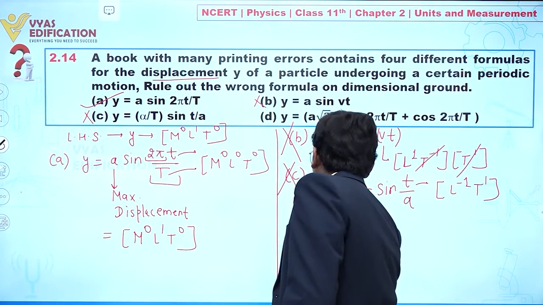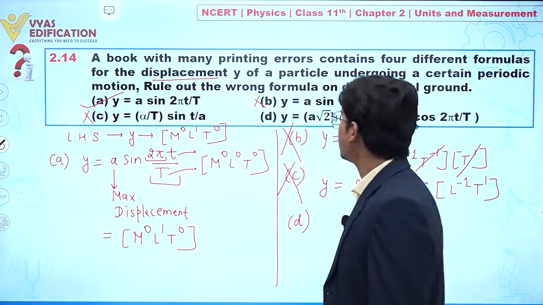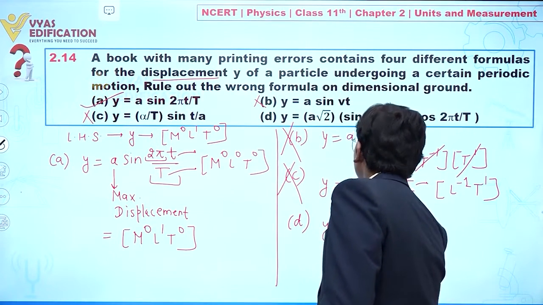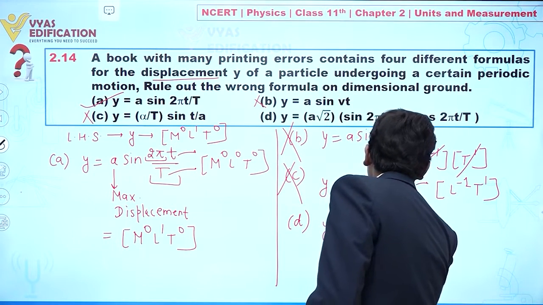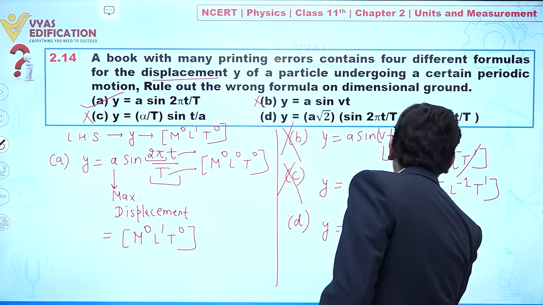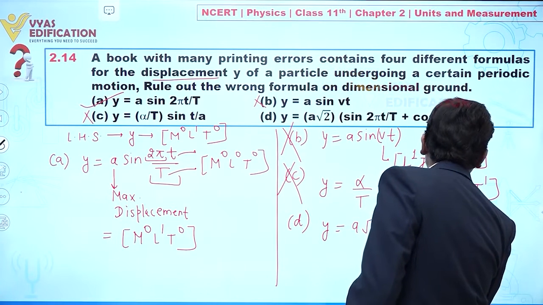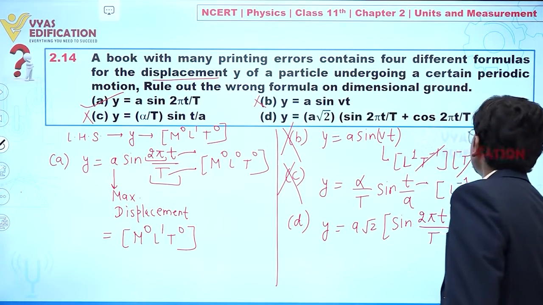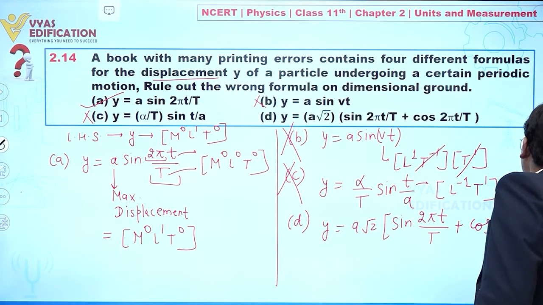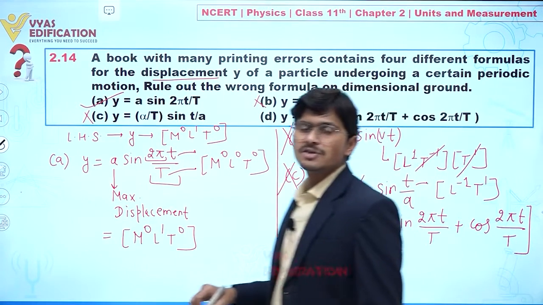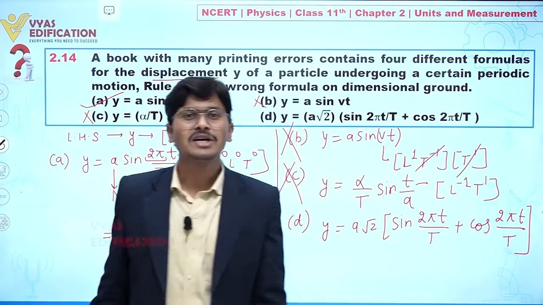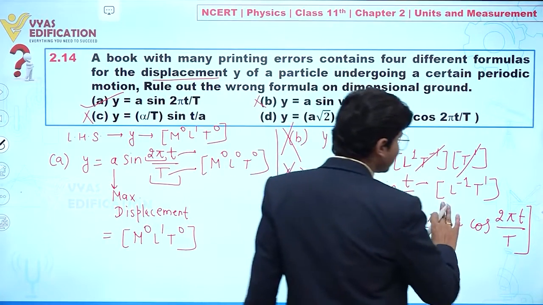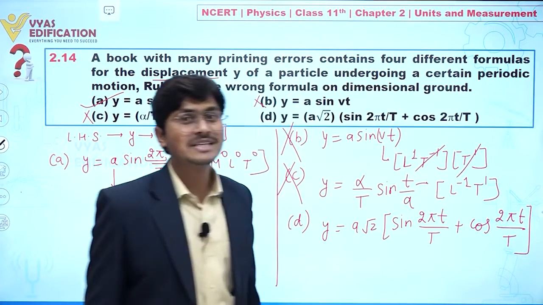Now for part number D, it is given y equals a root 2, sine of 2 pi t divided by T plus cos of 2 pi t divided by capital T. Here t is time and capital T is the time period, so this ratio comes out to be M0 L0 T0.